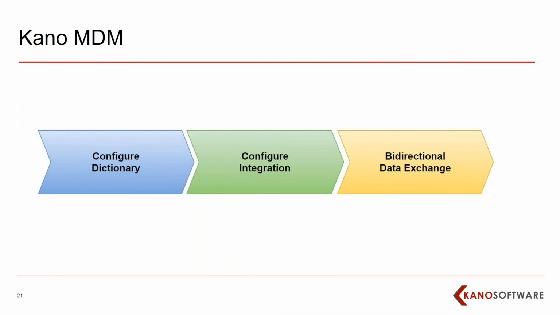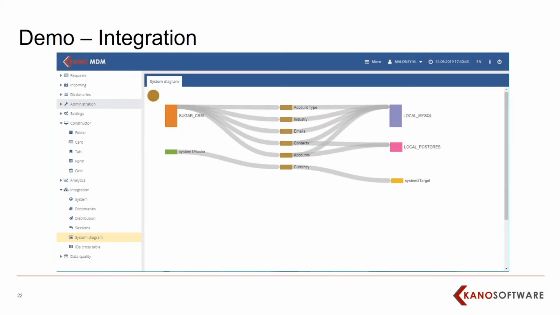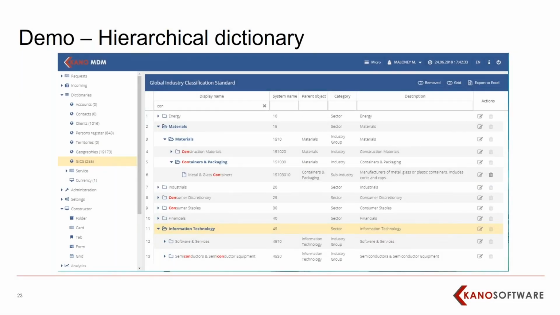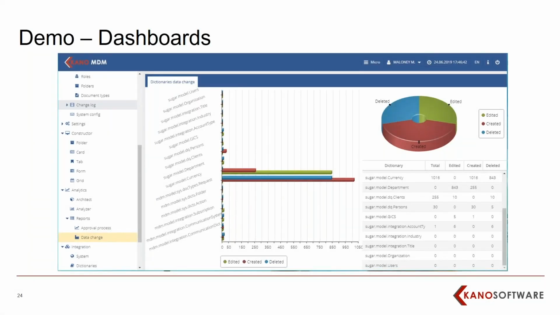The second step was the configuration of the integration. And then you can easily start data exchange using our universal SOAP web service. This is how we can preview the integration, the hierarchical dictionary, and the demo dashboards.